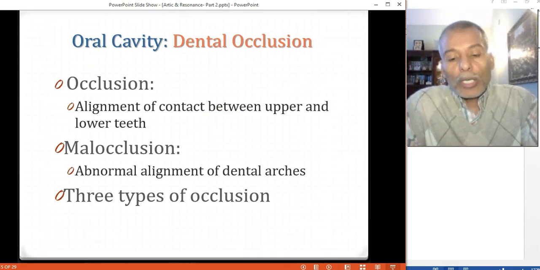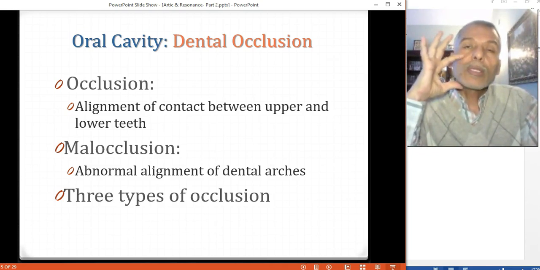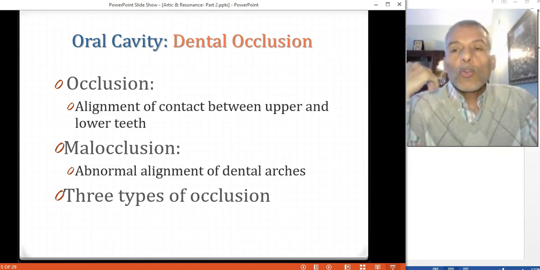Then dental occlusion. It refers to how the upper teeth come in contact with the lower teeth, how the dental arches come in contact with each other. In normal, so we call this occlusion.